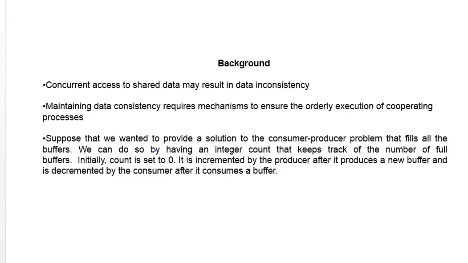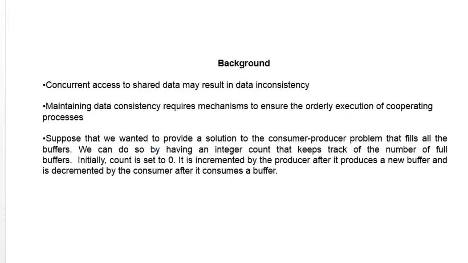What is a producer process? It is a process that produces information that will be consumed by the consumer process. For example, if you are considering an assembler as a producer, it will produce the object code which is consumed by the loader. Similarly, the web server and web browser also have this producer-consumer relationship.